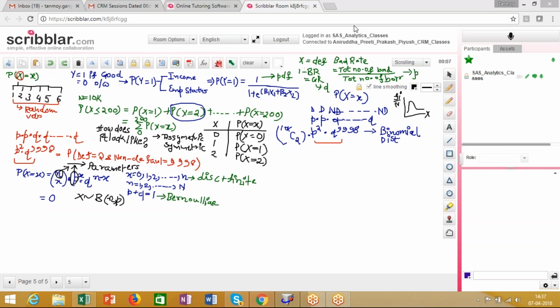And in regard to that, what we have seen is that the binomial distribution plays a very important role in risk model development, because most of the outcomes that we have in credit risk modeling are dichotomous in nature, and to each of the outcomes we either have a probability of success or a probability of failure.